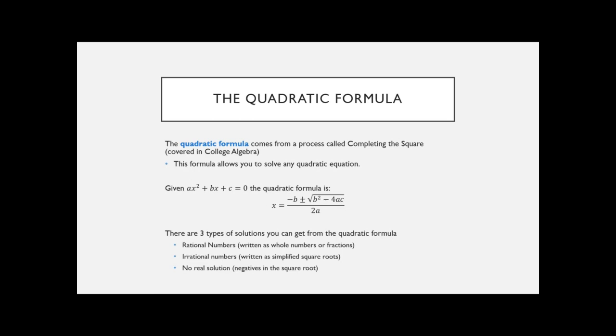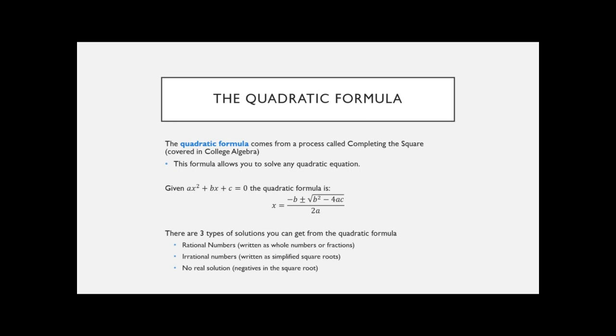So this allows us to solve any quadratic equation, though it is best to solve by factoring whenever possible because it's a lot faster than trying to use the quadratic formula. When you're solving a quadratic equation, there are three different types of solutions. You can get rational numbers, which means a whole number solution, or a solution that you can write as a fraction.